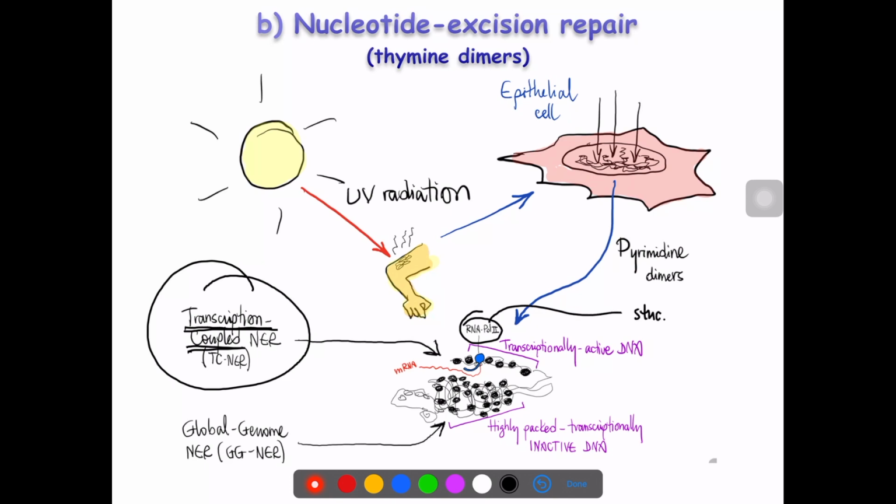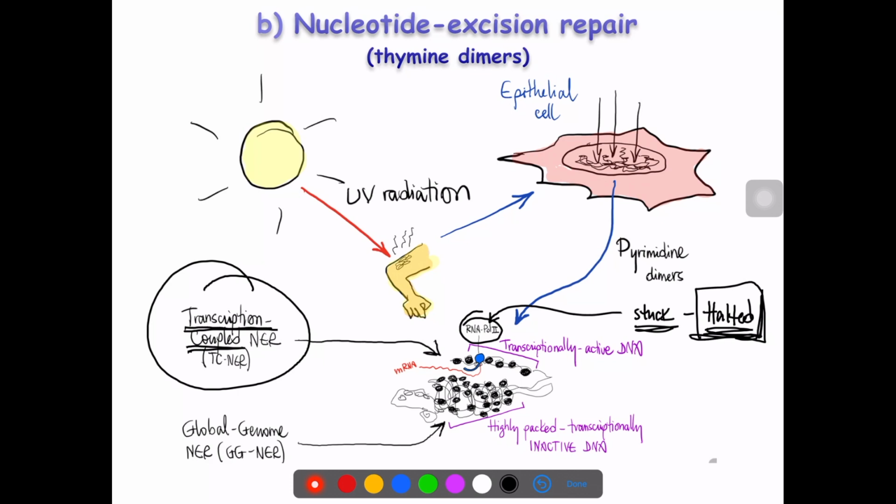So it is stuck, it can't move on because it doesn't know what to do with the cyclobutane ring, and therefore it is set to be halted. It has been stopped on its track. It cannot move any further because it has found those cyclobutane rings, and it's now waiting for the DNA damage to be fixed.